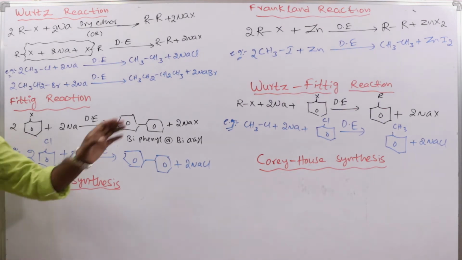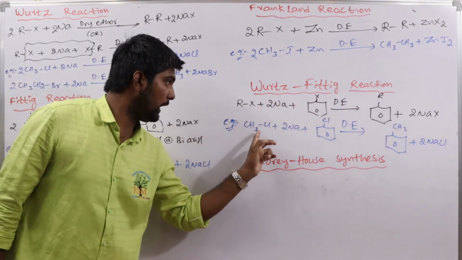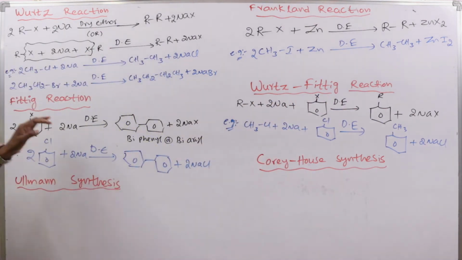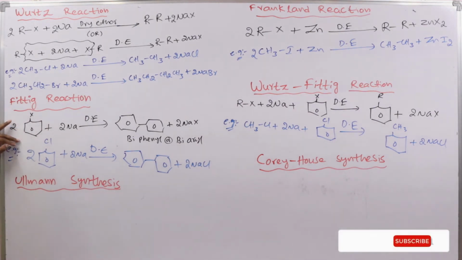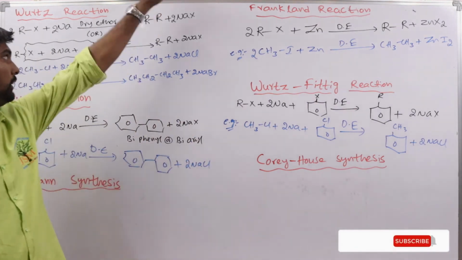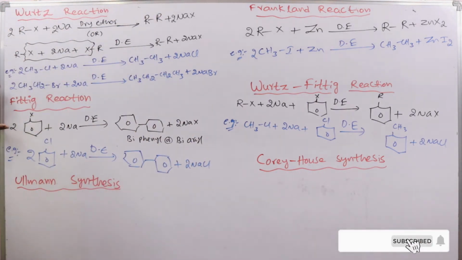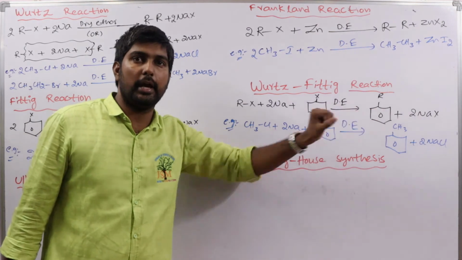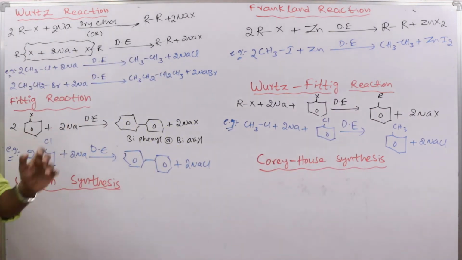Clear? Okay, in the Wurtz-Fittig reaction, alkyl halide plus aryl halide. In the Fittig reaction, aryl halide. In the Wurtz reaction, alkyl halide. And this is the Wurtz-Fittig reaction. Okay, by comparing we can remember easily.